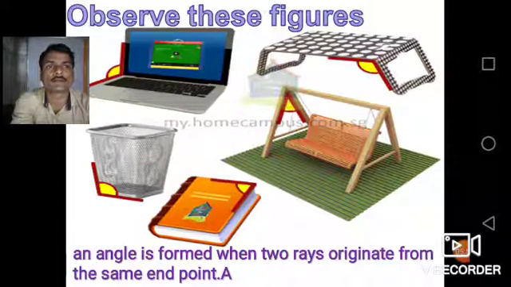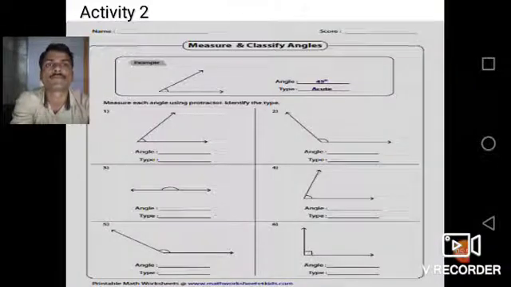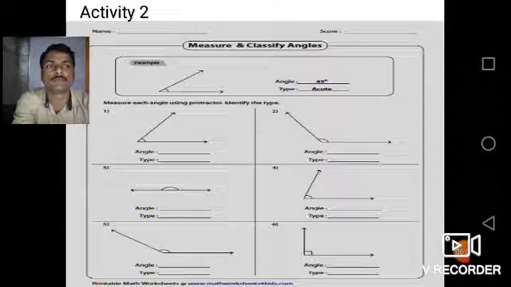These are nothing but angles. An angle is formed when two rays originate from the same endpoint. You know many such types of angles.